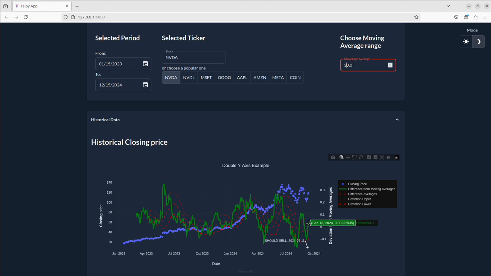Just to endure the short-term volatility a little bit, be a little bit more patient than that 10 days moving average. Give it a little bit more run, right?